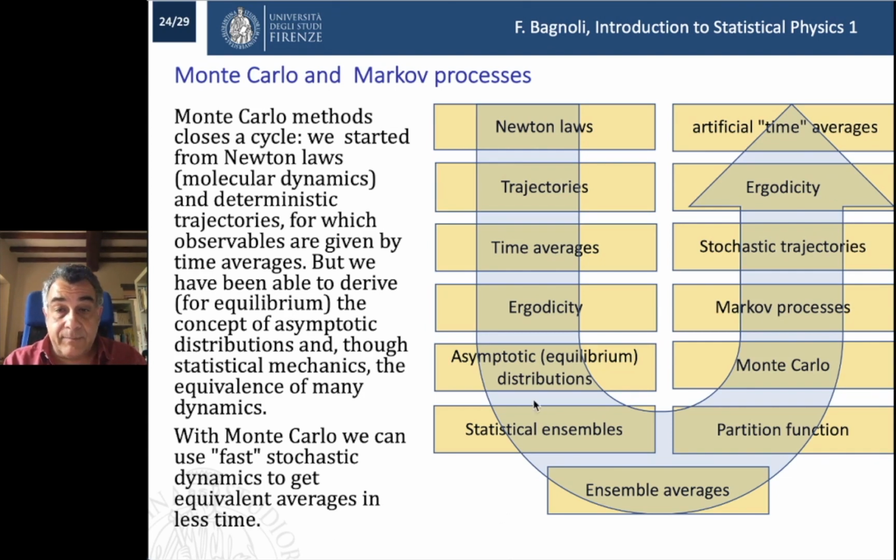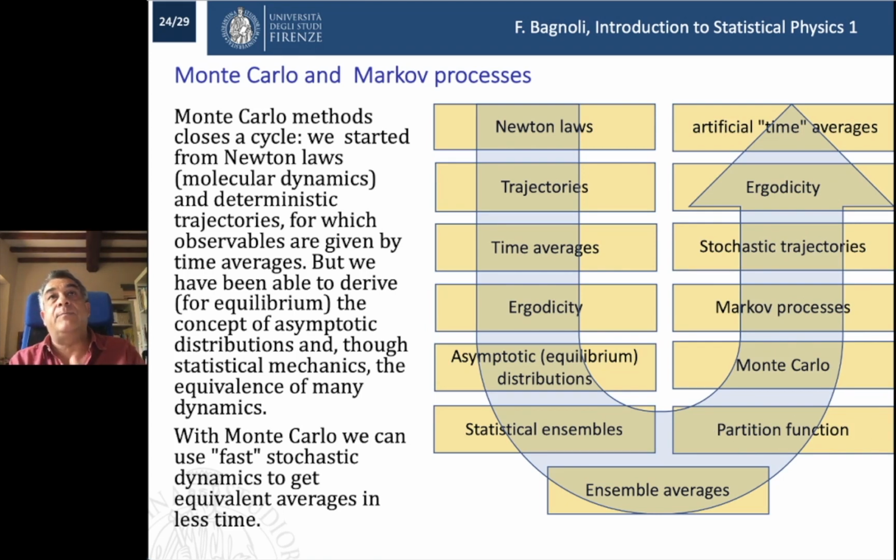This step from distributions to ensemble averages is essentially a contribution by Gibbs, and the idea is that instead of averaging over time over the trajectory of a single system, we can average over all possible configurations given the constraint, so given the statistical ensemble.